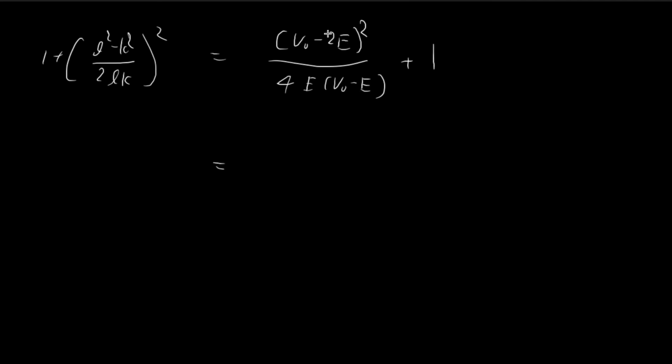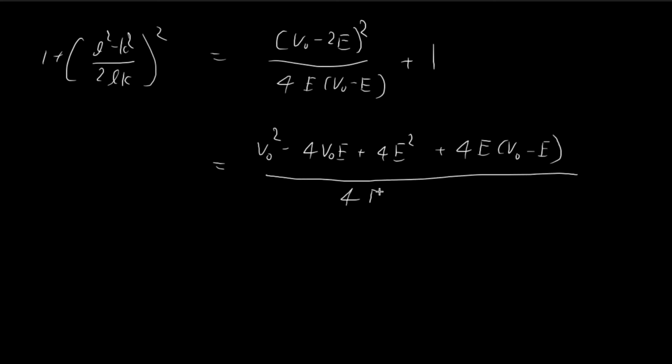And so adding a 1 plus, I can combine these two terms together. So in the numerator we have V0 squared minus 4V0E plus 4E squared. I'm just breaking apart the square here for this expression. And then if we plus 1, then we have plus 4E(V0 minus E). And this entire thing divided by 4E(V0 minus E).